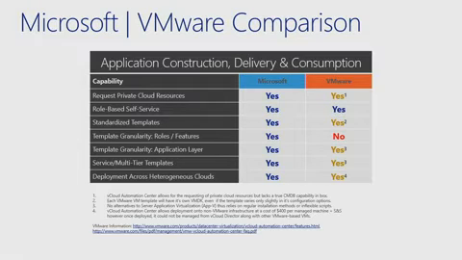When we think about templates, whilst we can both deploy from standardized templates, each VMware template has a VMDK. So what you can find is that as you have more and more templates, you can have more and more VMDKs. But as I said before, our capability within VMM to have a gold image with multiple templates attached is very, very useful. We deliver that roles and features granularity for configuring the template.